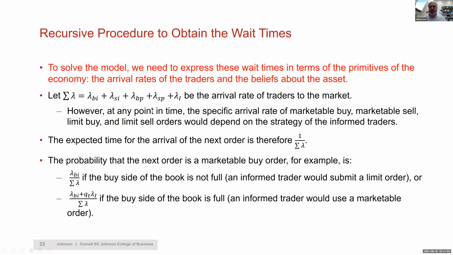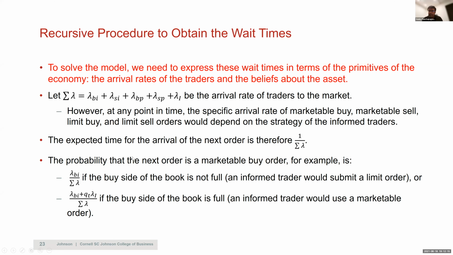So 1 over summation lambda is the expected wait time for the next arrival. And with Poisson, the probability that that arrival will be, say, a marketable buy order if the buy side of the book is not full is lambda BI over summation lambda. All right, always the arrival of that particular order divided by the total arrival.